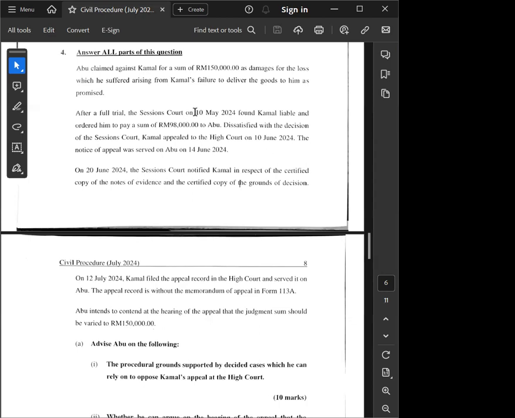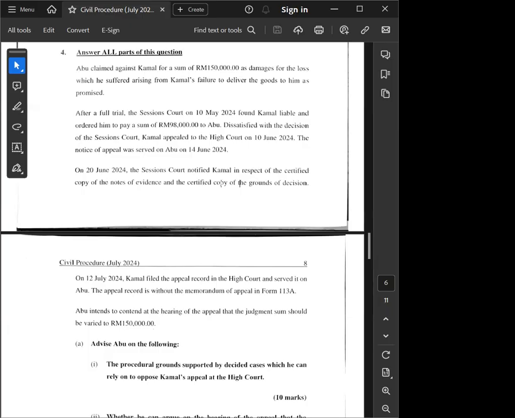So you see, the date of decision is on this date, so by right it should be 14 days counting from this particular day. However, he was late filing, because it is about 1 month. He filed the notice of appeal about a month later. So this is another issue.